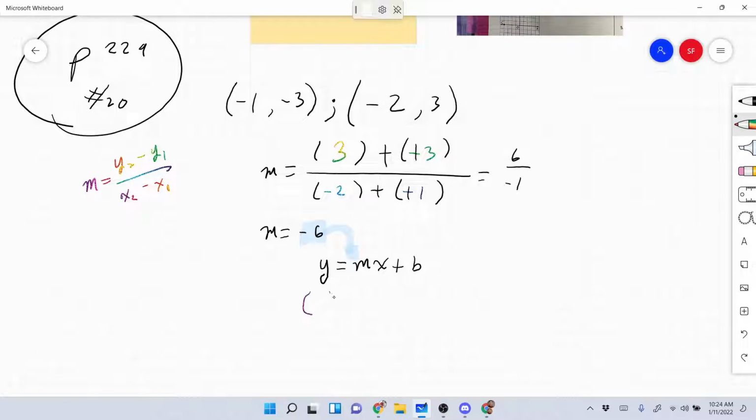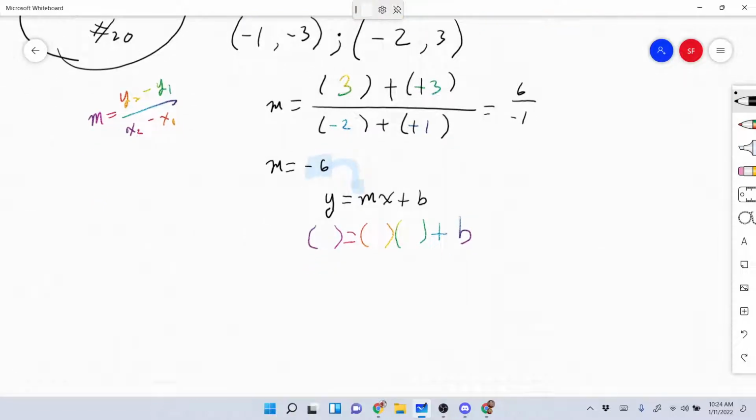One of the points. 3 or -3. Okay, sounds good. So what are we going to put right here? -3. What are we going to put right here? -1. Here? No, that's the -6. And then here? -1.